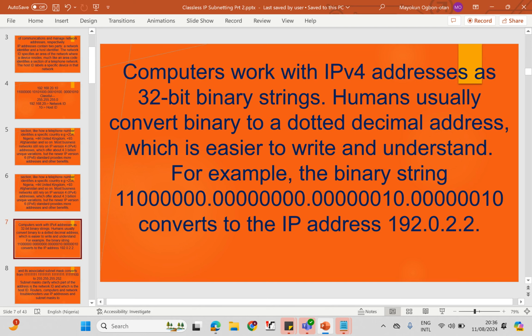So humans usually convert binary to a dotted decimal address, which is easier to write and to understand. For example, the binary string 11000000.